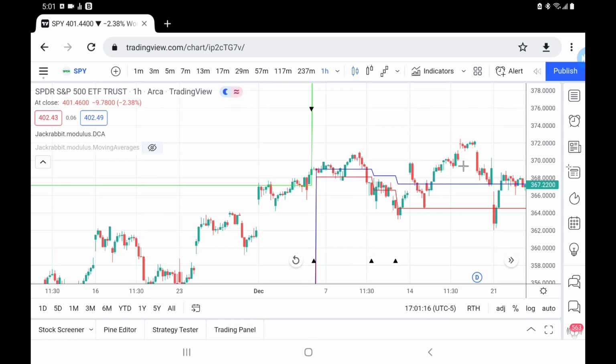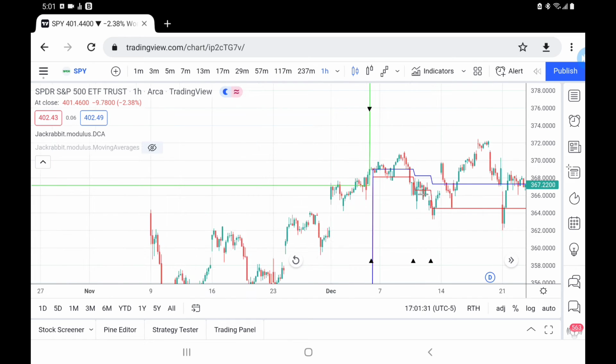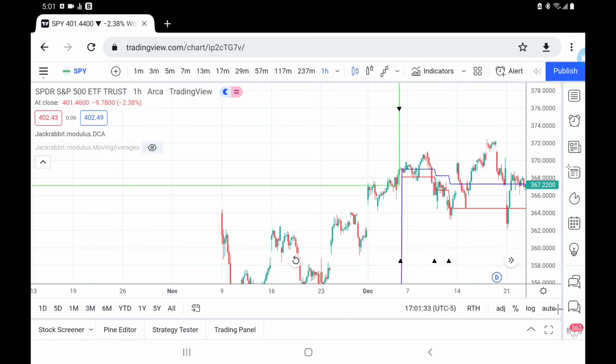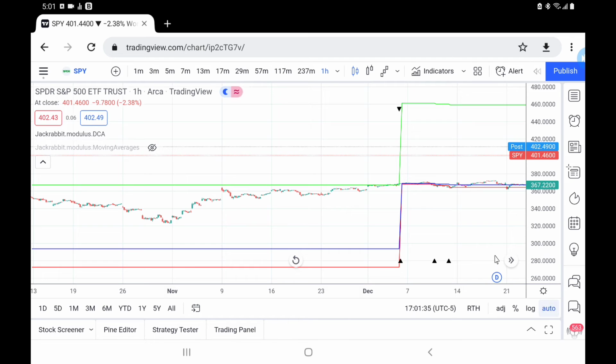If you purchase every month or every week or every day, you're not going to get a true dollar cost averaging. You're not averaging your price down. Now let's take a look at this in a more strategic approach.